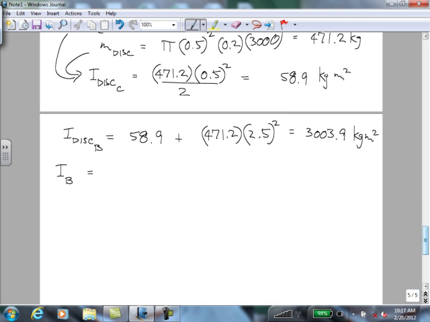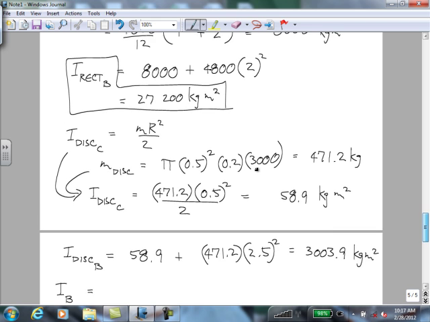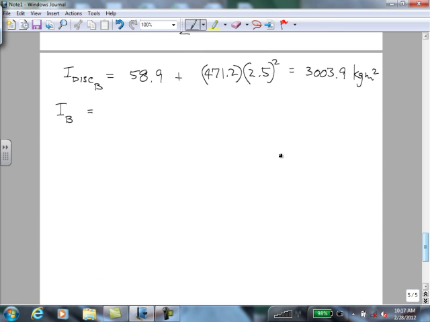And so finally, the moment of inertia of the whole shape about B is 27,200 minus 3,003.9.